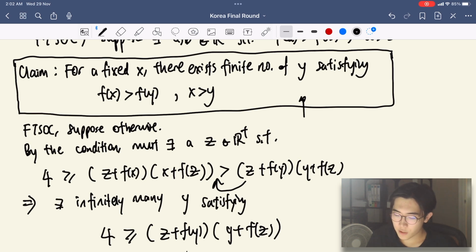So we have established that for a fixed x, there exists a finite number of y satisfying this.